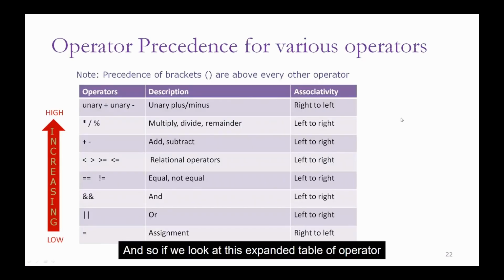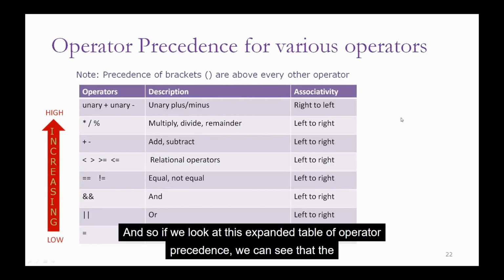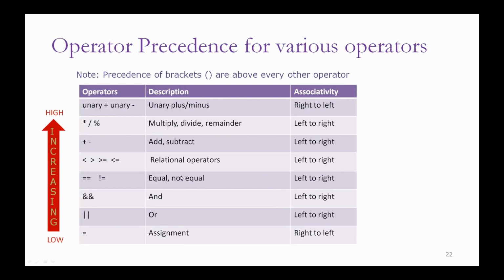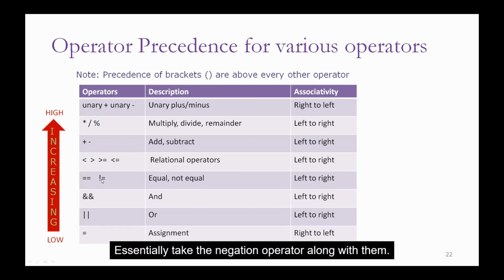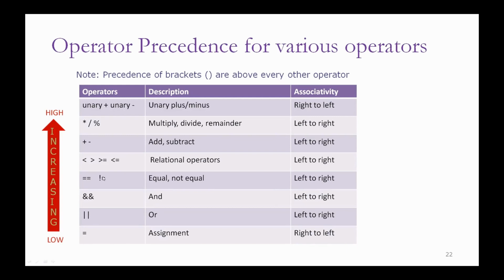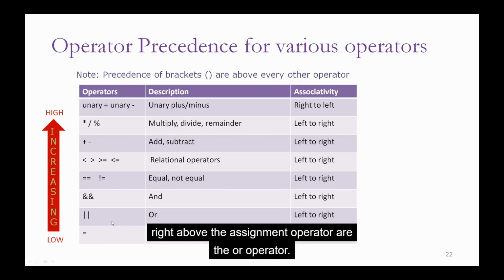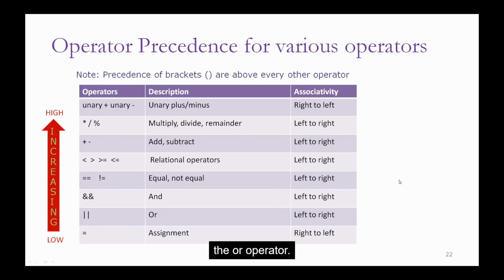And so if we look at this expanded table of operator precedence, we can see that the logical operators fit in towards the lower end of the table, where the equal and not equal operators essentially take the negation operator along with them. Below them is AND, and below that, right above the assignment operator, is the OR operator.